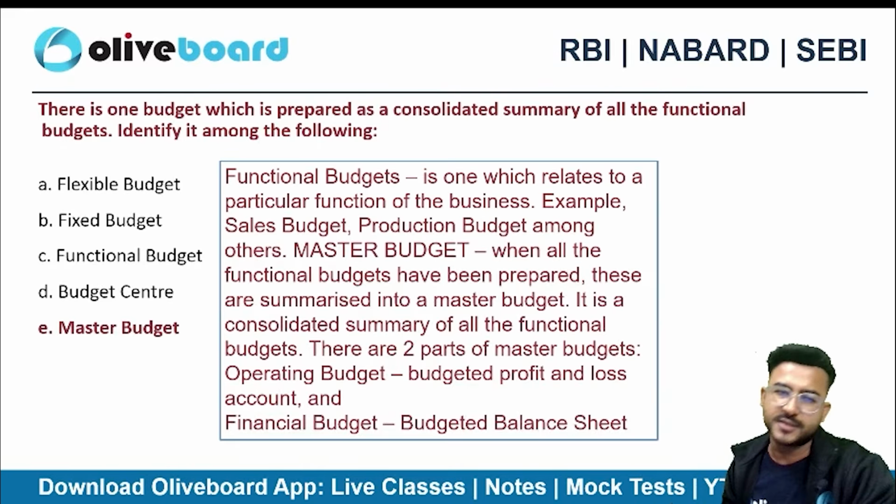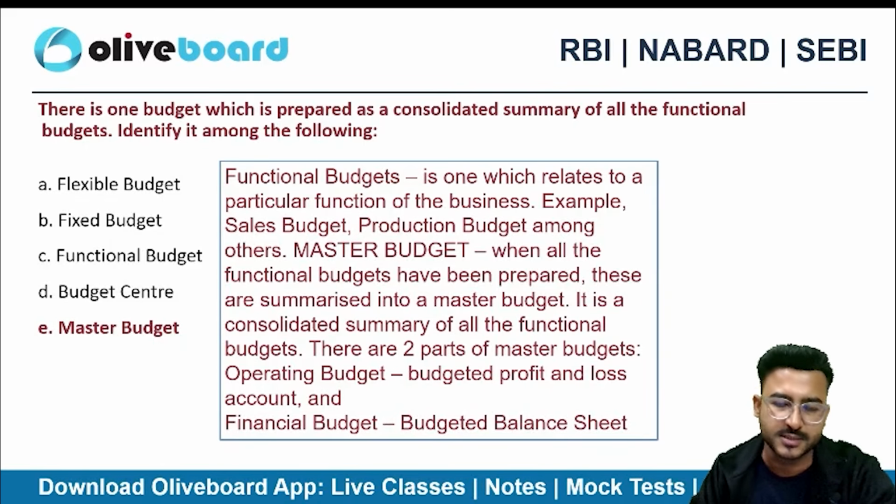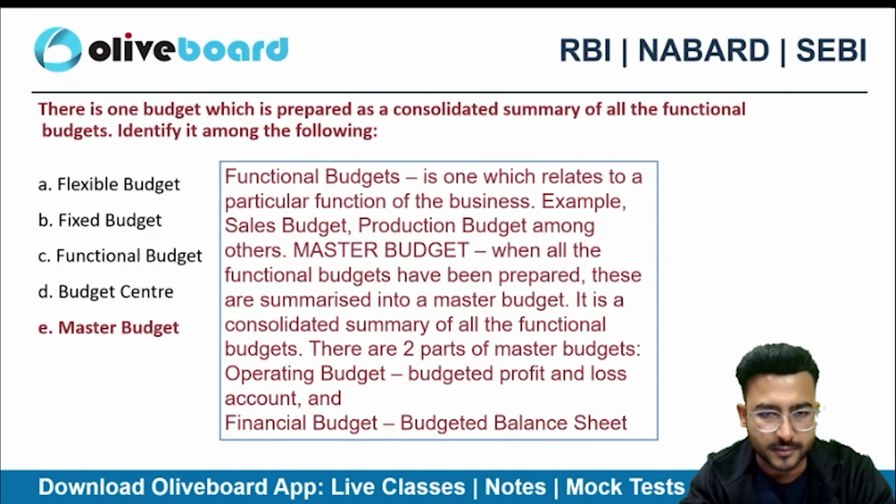The correct choice here is master budget, right? Option E, master budget is the correct choice here. Perfect.